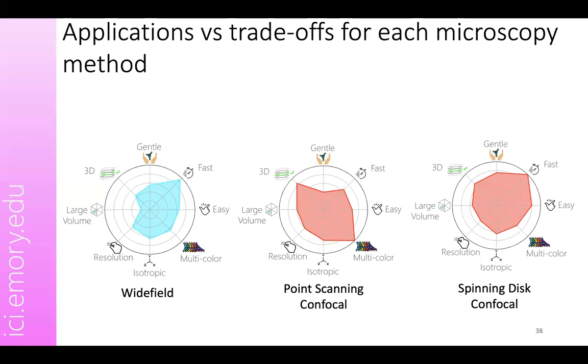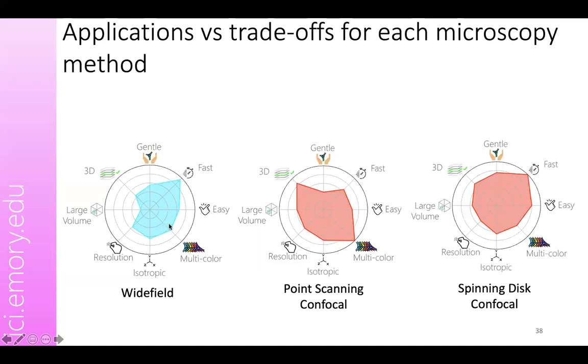If we compare the 3D part between wide field versus confocal methods, both point scanning confocal and spinning disc confocal are good at doing 3D, whereas epifluorescence is really not good at doing 3D. If you look in terms of resolution, this is the point I was trying to make: resolution is dependent on the objective and not based on the microscopy methods.